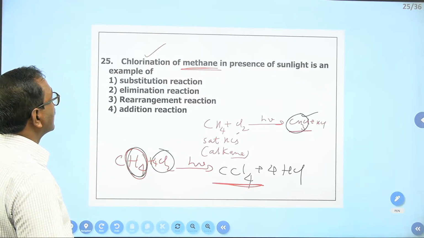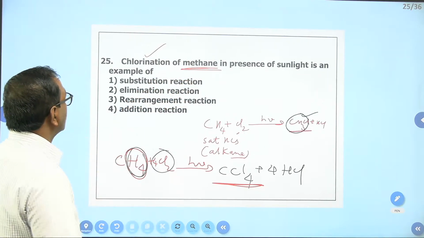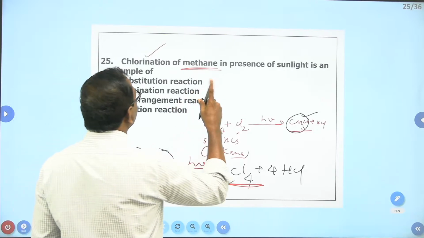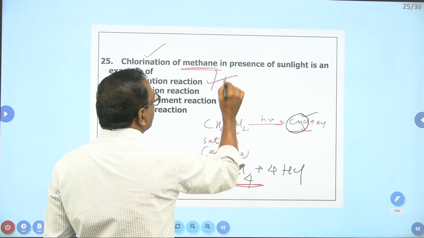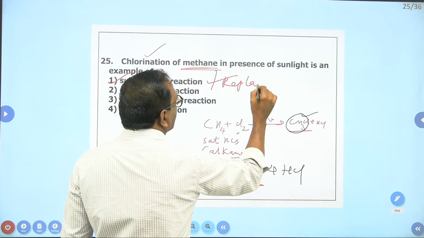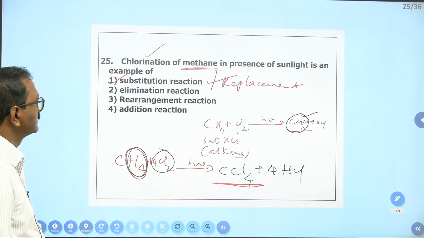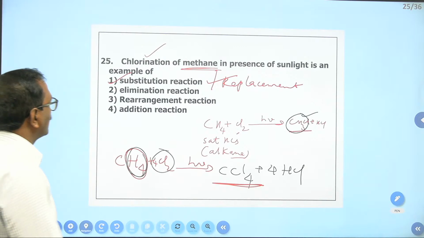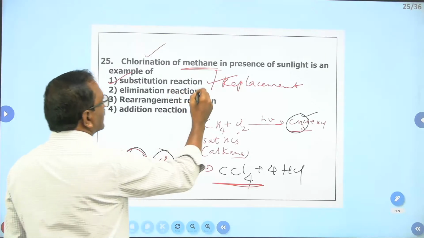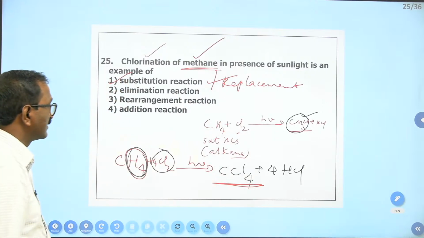That's why the characteristic reaction of any alkane compound, including methane, is always substitution reaction, also called replacement reaction. Chlorination of methane in the presence of sunlight is an example of what? Substitution reaction. This is the characteristic reaction of alkane compounds, including methane.